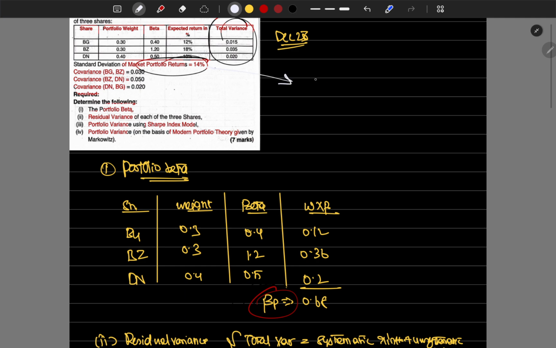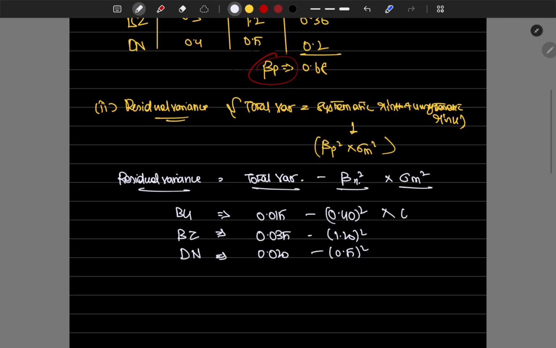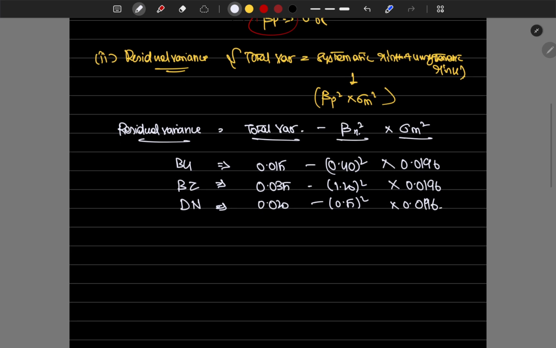They have given 14%, and 0.14 square is 0.0196, which doesn't change. So 0.4 square is 0.16, 1.2 square is 1.44, 0.5 square is 0.25.